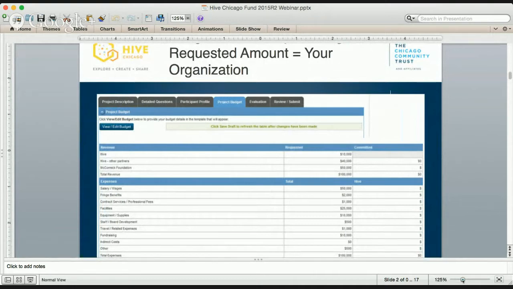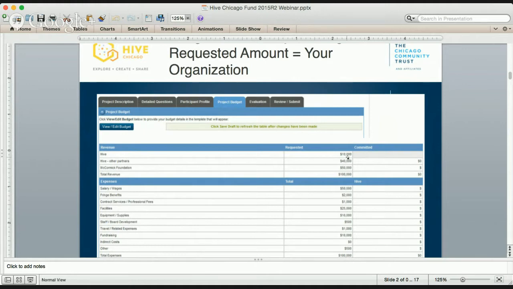Okay, so just to rewind a little bit, $10,000 is what I'm requesting for my organization from the Hive, although the whole project that we're looking for has a $100,000 price tag. It's a Catalyst. And with a Catalyst, if you look at the grant requirements, which you can find on the Hive Network's website, RF 2015 round 2, you'll see that for Catalyst you need a 1-to-1 match.